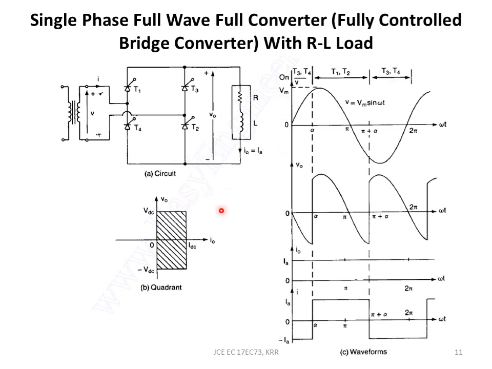Note that this converter has an output voltage which can be positive or negative depending upon the firing angle alpha, but the current is always positive. Hence this type of converter is called a two quadrant converter, unlike the semi converter, which is a single quadrant converter, because there the voltage will never go negative.